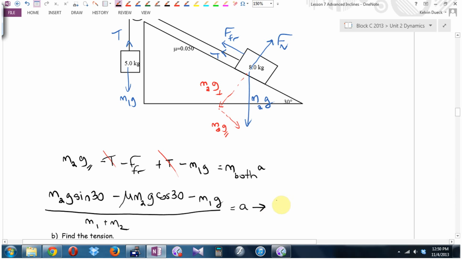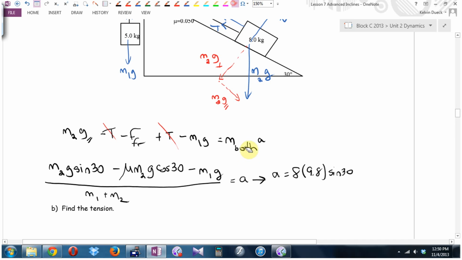We plug in our numbers, right? So we'd say M2, 8, 9.8, sine 30. You know what? Running out of room here. I don't need to go down a line.